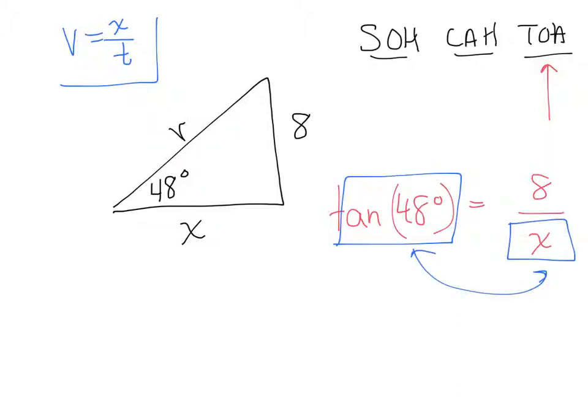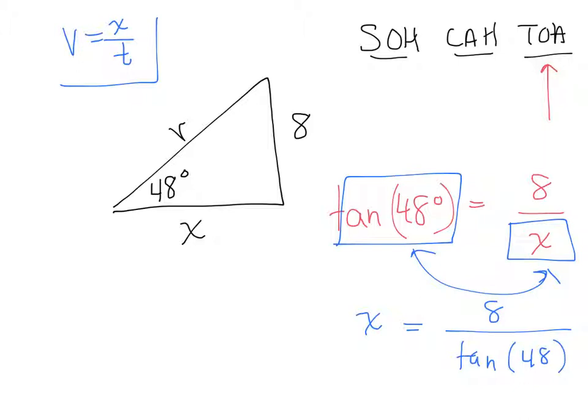Flip-flop. The whole thing. The entire expression always moves with it. So, Mike, if you had x times y times z instead of tan 48, that whole x, y, z would all move with it.